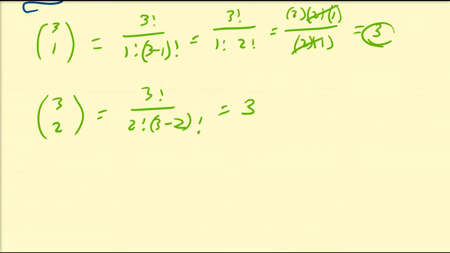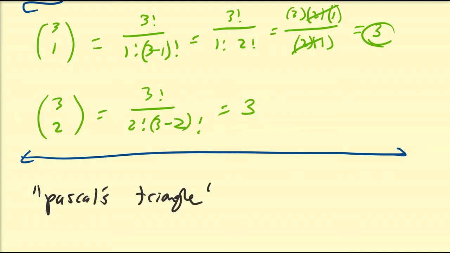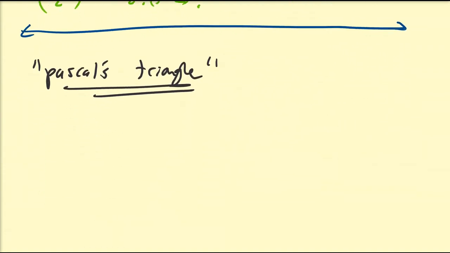I just want to take a moment to look at this through another light, and I'm going to introduce this in a geometric way. This is going to be referred to as Pascal's triangle. I'm going to start building the triangle first, and then I'm going to describe what the relevance is to this discussion.